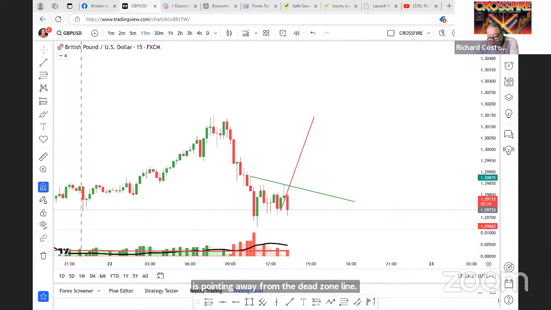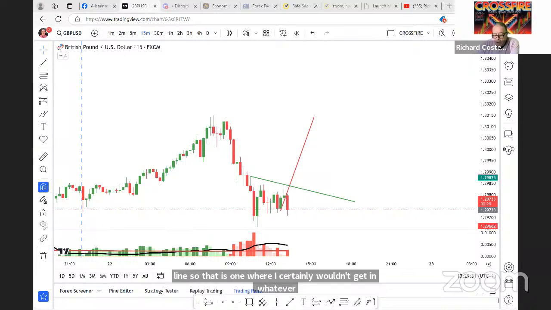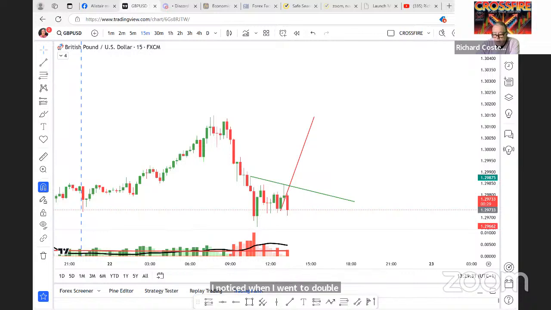Here it's the opposite, with the explosion line pointing downwards and the histogram isn't above the explosion line. It's not even above the dead zone line. So that is one where I certainly won't get in, whatever I noticed when I went to double check my actual trend line. So I wouldn't get in that one.